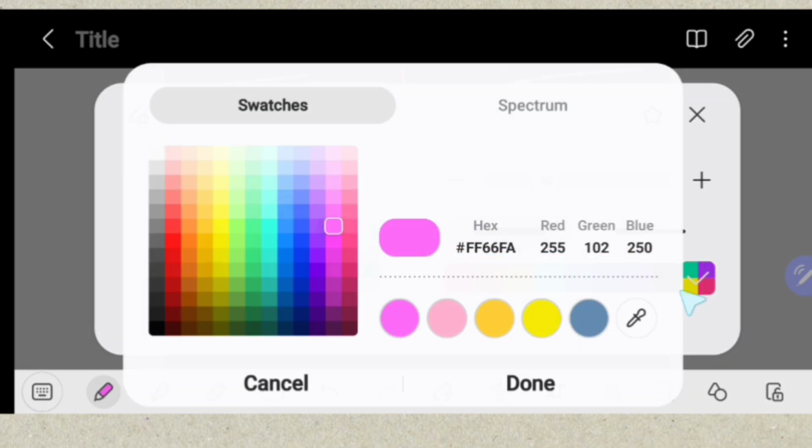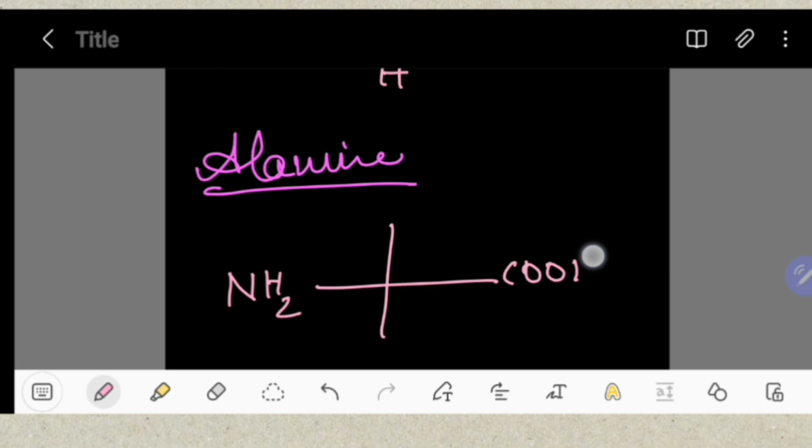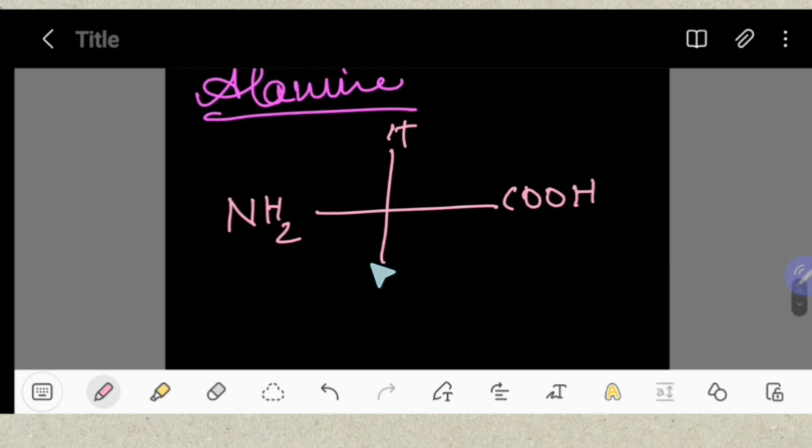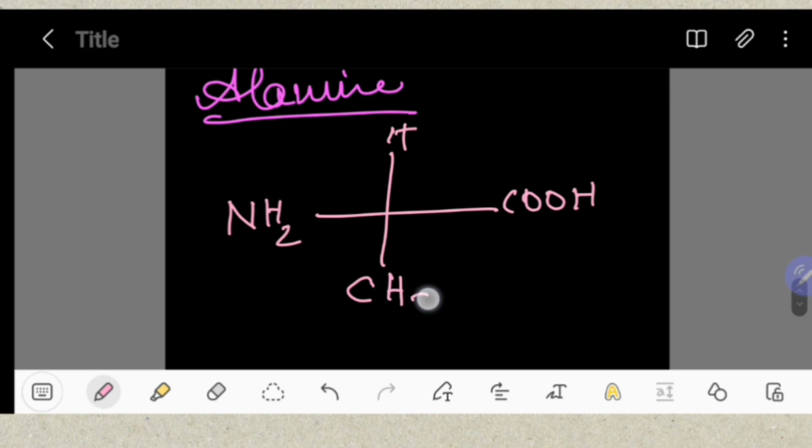The structure is somewhat the same, only the difference is that instead of H in glycine, you have CH3. Does CH3 come under any basic or acidic category? No. So here also it is neutral.